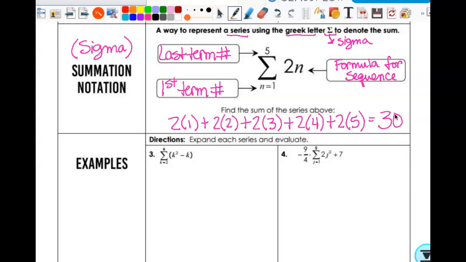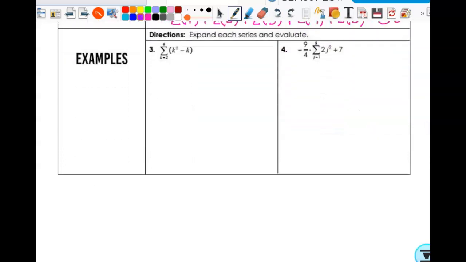All right, so we don't always have to start with 1. Our first term number in number 3 is actually 2. So we expand this, I'm going from 2 to 6.